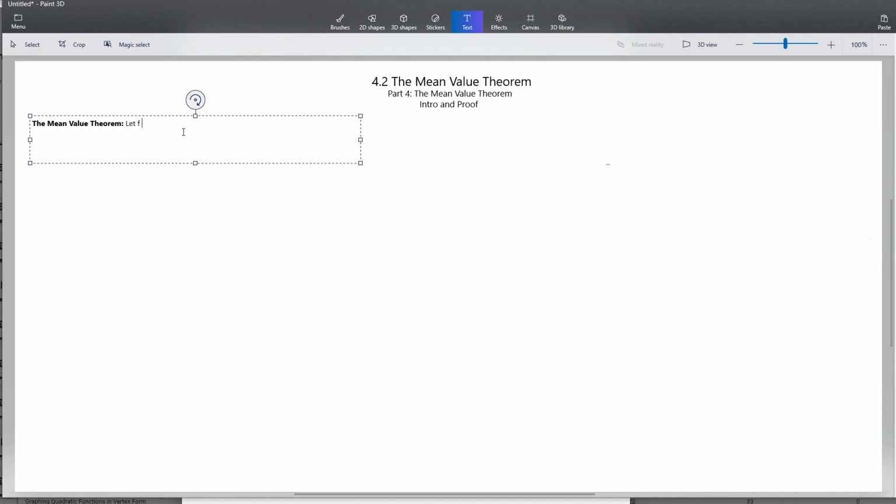So let f be a function that satisfies the following. Okay, and again, we're going to have three different hypotheses. Okay, f is continuous on the closed interval AB.